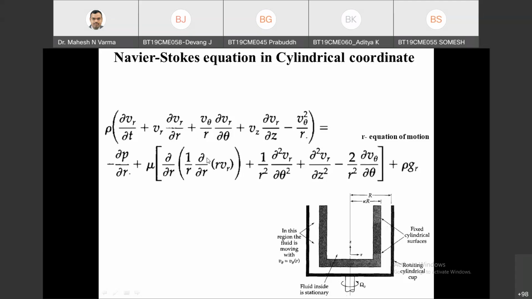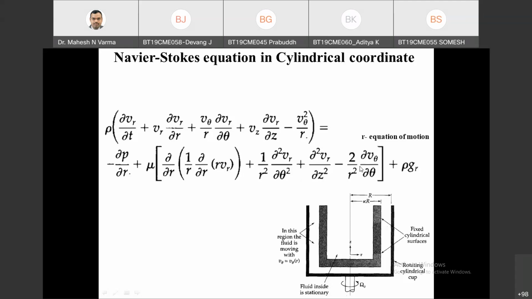Sir, it will be 0. VR is 0. What about this? Sir, it will also be 0 because del VR by del theta is 0. VR equals to zero, no? Yes, VR is also equal to 0. That's why this is also equal to 0. How about this?